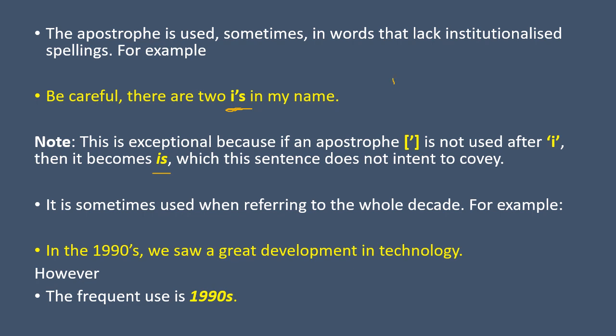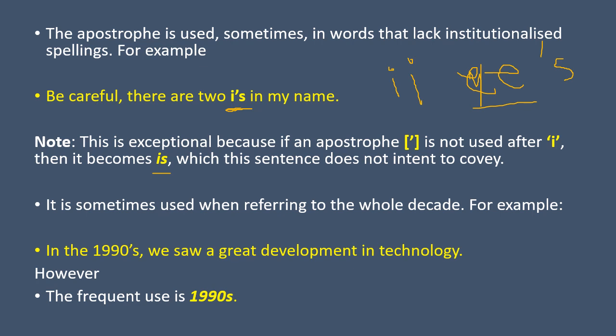You want to say that there are one or two I's, like that, or if you have, let's say, two E's. I mean, I's is not possible, but you have two E's in some names. So if you say there are two E's in my name, you have to put an apostrophe here. Okay, so you don't have to use both of them.